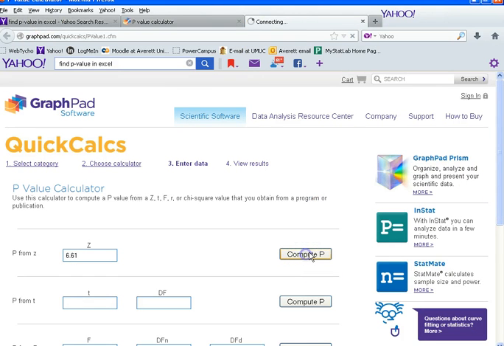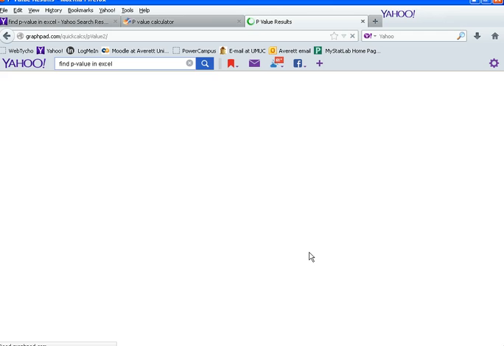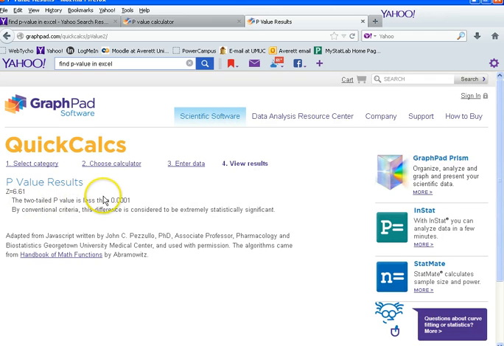Click on compute p, and we get a very small number. This is saying less than 0.0001. That's one way we can come up with the p-value.